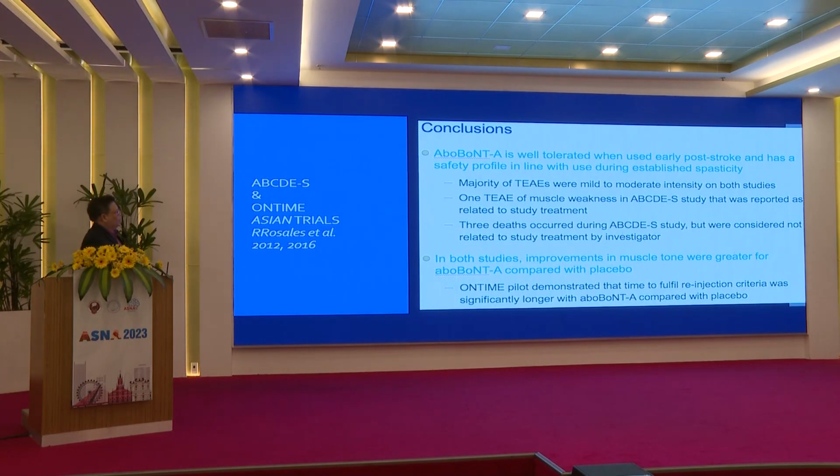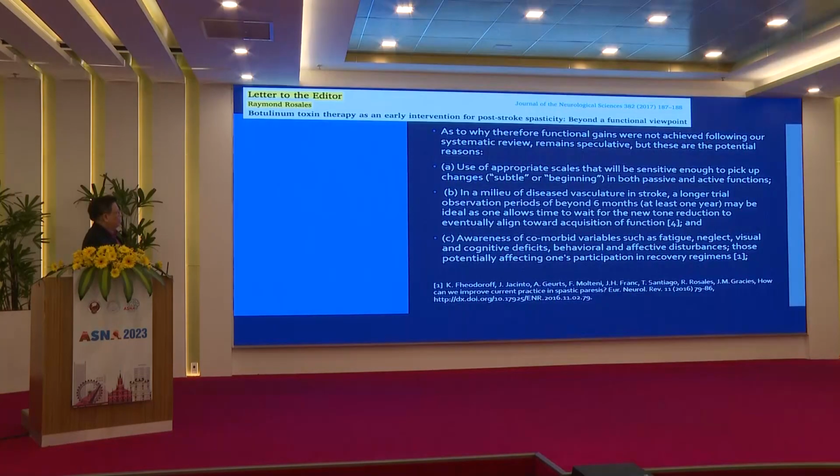So abobotulinum toxin is well tolerated, and in both studies, improvements in muscle tone were greater in abo compared to placebo. On-time demonstrated that the time to fulfill re-injection was significantly longer. So again, 156 days as against 32 days with abo compared to placebo.